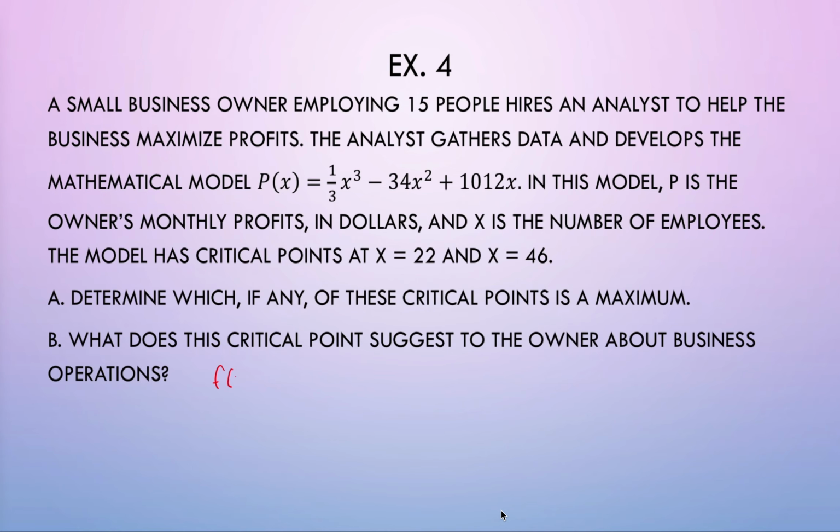So P of 22 is going to be 1/3 of 22 to the 3rd minus 34 times 22 squared plus 1012 times 22. Which ends up being 9,357.